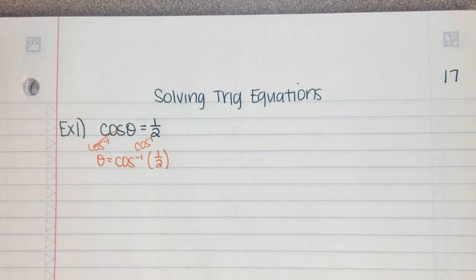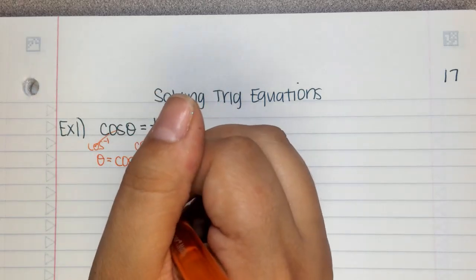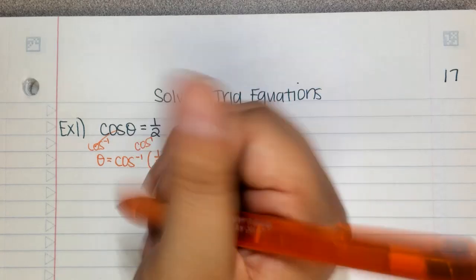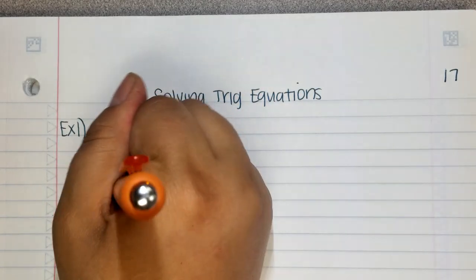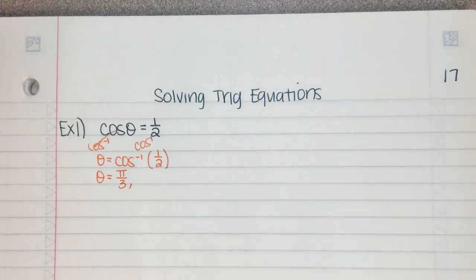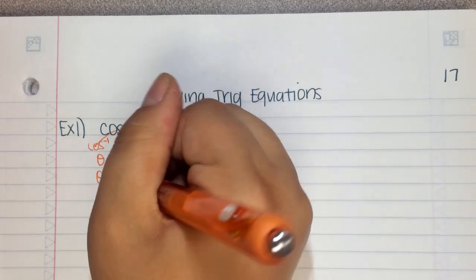Where is cosine 1/2? Pi over 3 works. Where else? Five pi over 3.